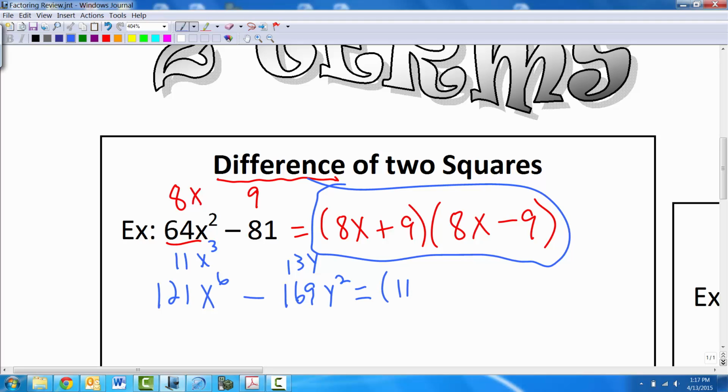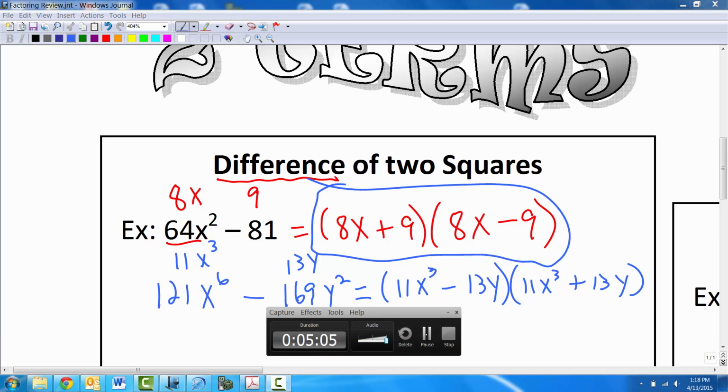It is 11x cubed minus 13y, and then 11x cubed plus 13y. They had those questions. It was a class at the same exact level as what we're dealing with in here. Because all it was, okay, I recognize that as a difference of 2 squares. The pattern works, right? And that's what I memorized, and that's what we need to do in here.